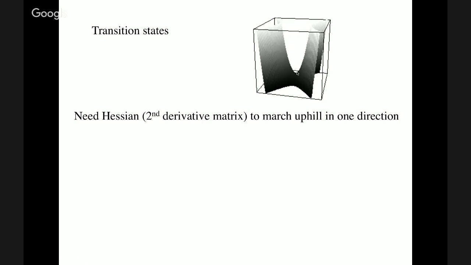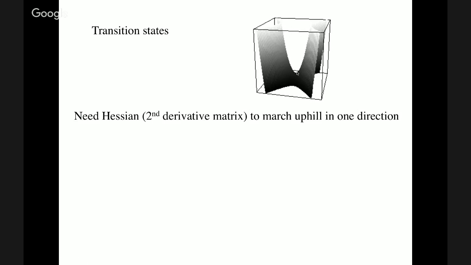To be able to do that, you need second derivative information. If you just take a normal Newton-Raphson procedure and allow for there being a negative eigenvalue, which is your reaction coordinate, you can march uphill from the minimum up to a saddle point. We'll go through basically how you do that in Gaussian, and part of your homework is to calculate a transition state.